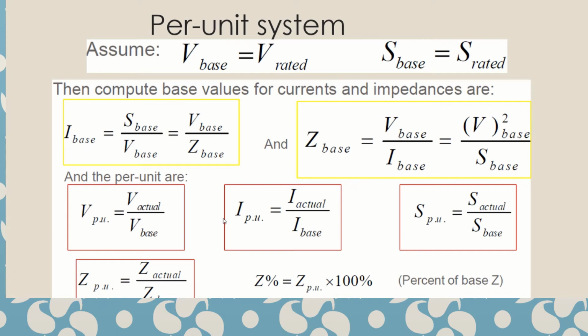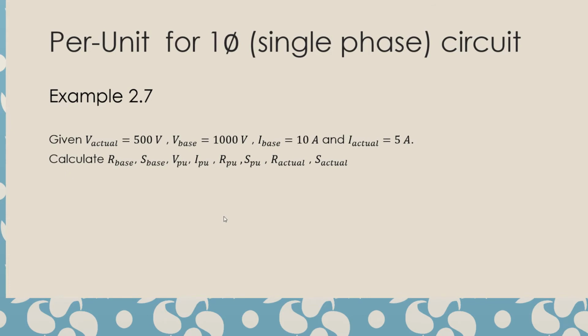Let's do an example for you to understand further. You are given V actual, V base, and I actual. First you are asked to calculate the R base.